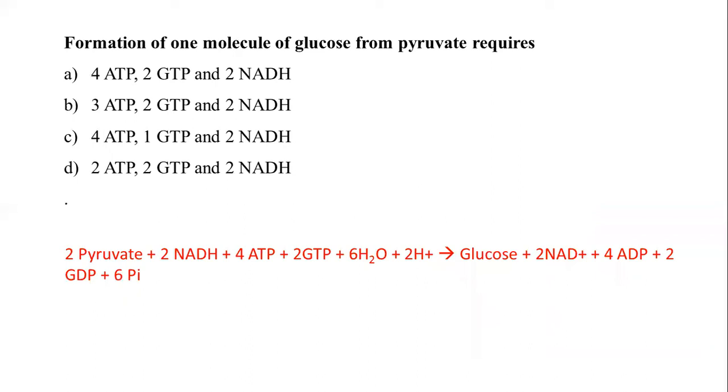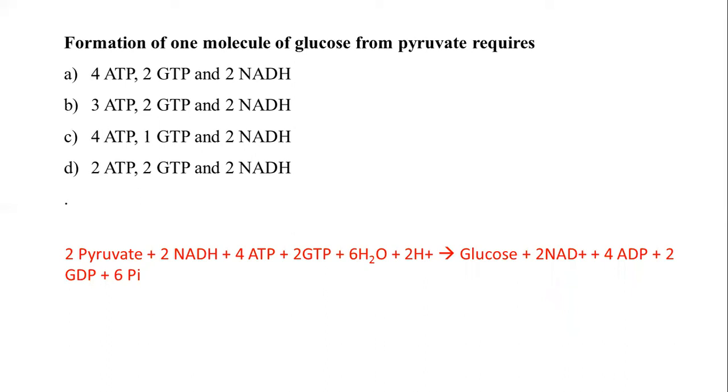The next question is asking: the formation of one molecule of glucose from pyruvate requires. In gluconeogenesis, pyruvate is converted into glucose, and the synthesis of one molecule of glucose from two molecules of pyruvate requires 4 ATP, 2 GTP molecules, as well as NADH.